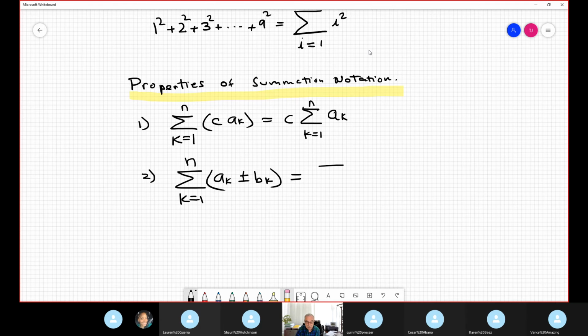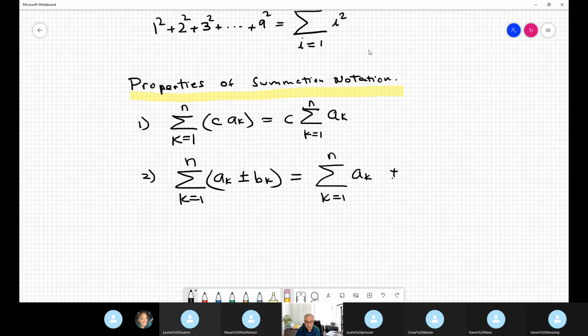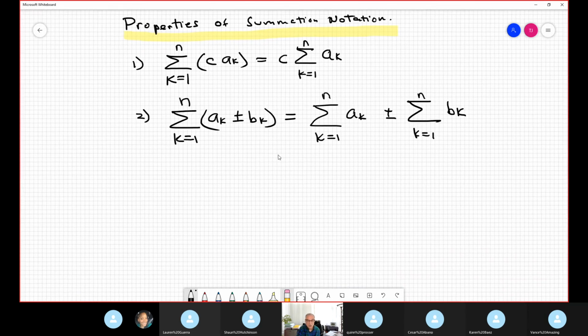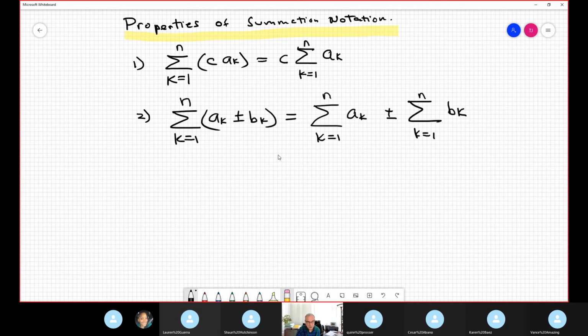You can separate it in two: a sub k plus or minus b sub k. Depending on whether it's addition or subtraction, it doesn't matter. This is making sense, right? Sometimes we need to separate. Let's see in the example.